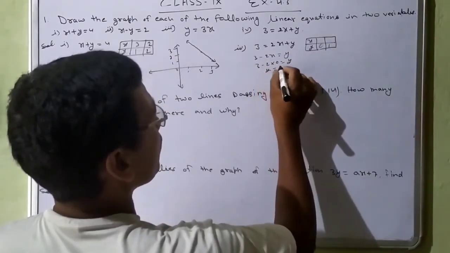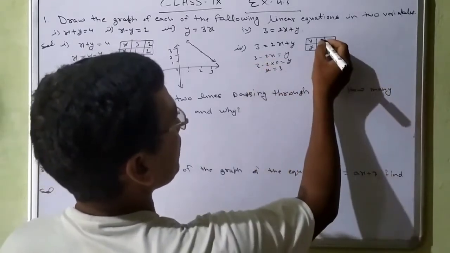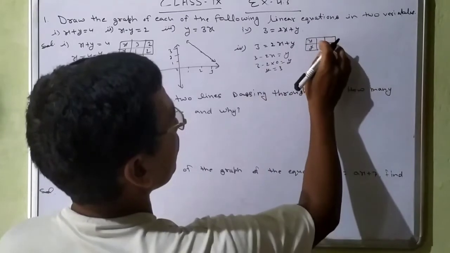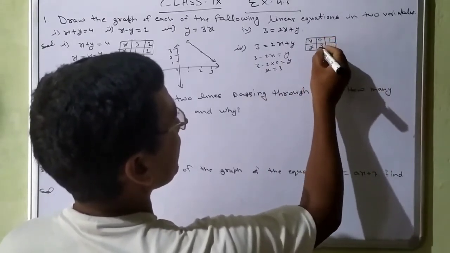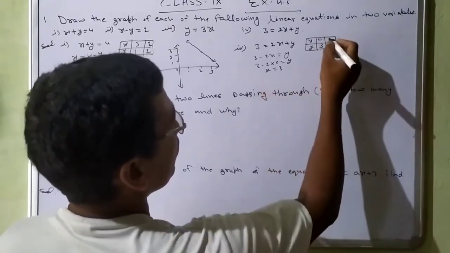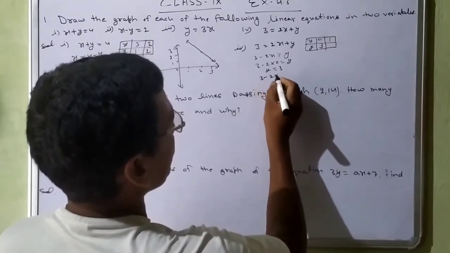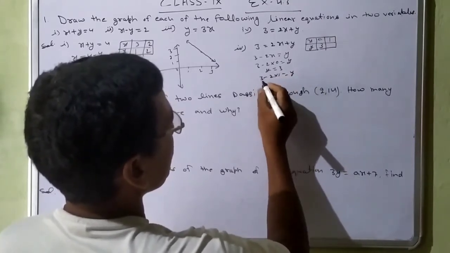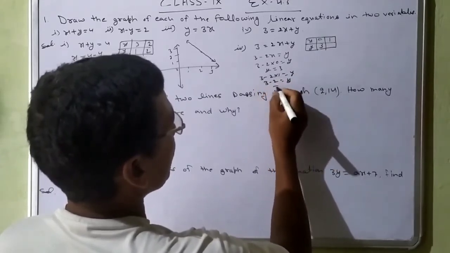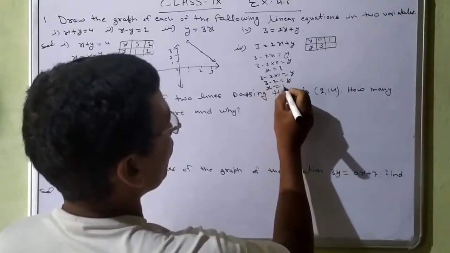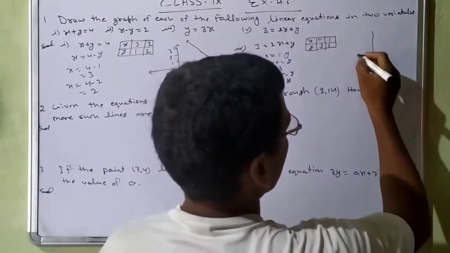Two zeros are 0, so y is equal to 3. Sorry, we are placing here x value 0, 1. So that is 3. Now 1. So 3 minus 2 into 1 is equal to y. So 3 minus 2 is equal to y. So y is equal to 1, right?